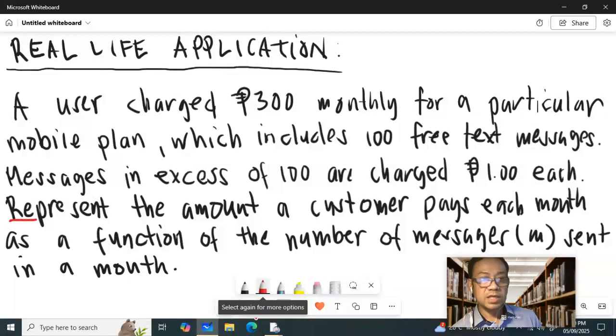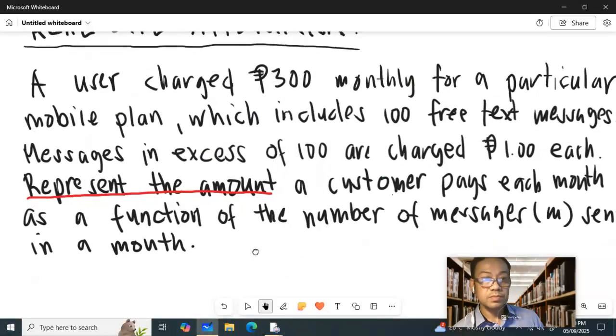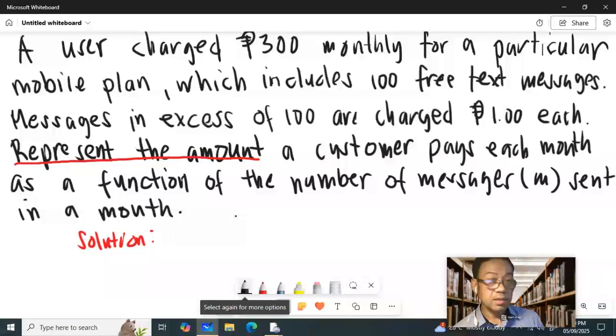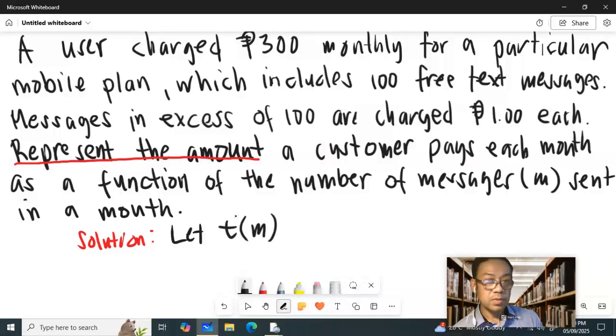So this says represent the amount a customer pays each month as a function. Okay, so now for our solution, we let t of m, our function t of m or y, be the amount paid each month.